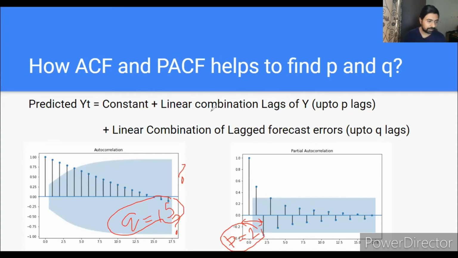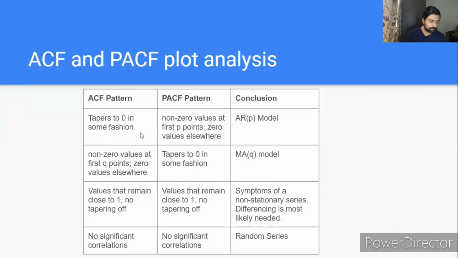Let's see what cases you can get and what values. There is a matrix, you can say. If ACF tapers to 0 in some fashion and PACF has non-zero values at the first p points, then that will be your p value. If ACF has non-zero values at the first q points and 0 values after that, then that will be your q value.